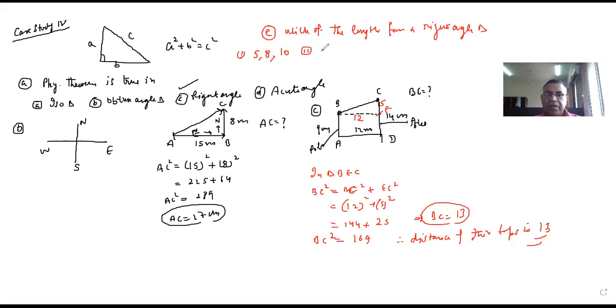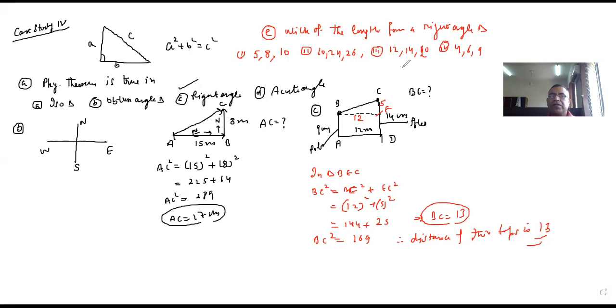Second is 10, 24, 26. Third is 12, 14, 20. Fourth is 4, 6, 9. Which of the lengths form a right angle triangle?